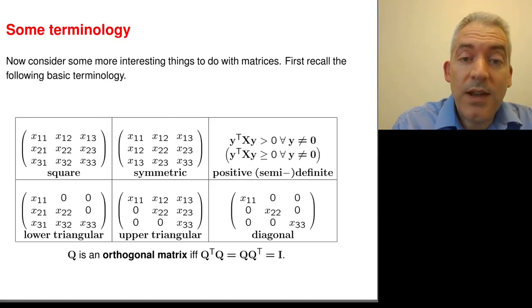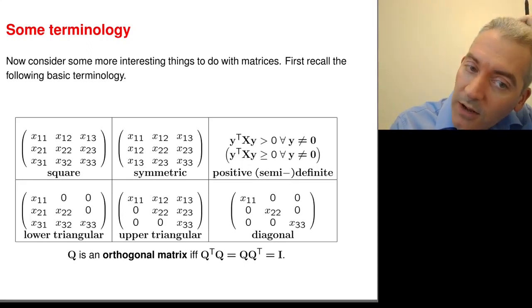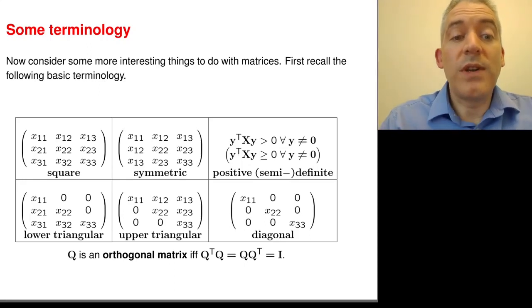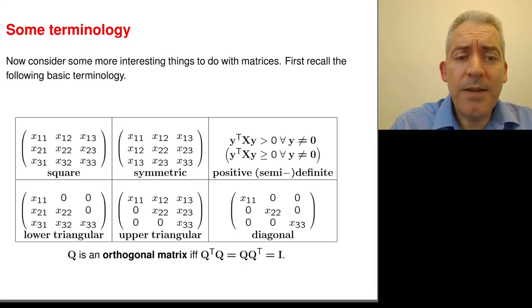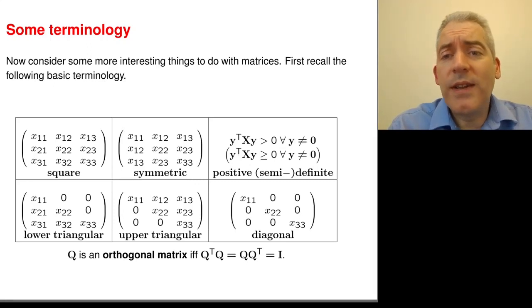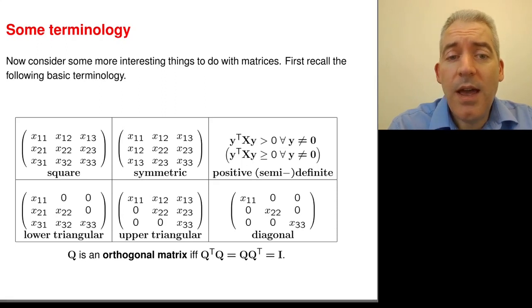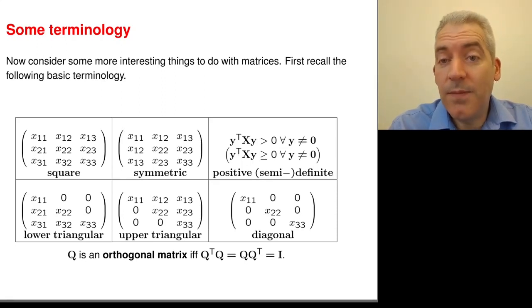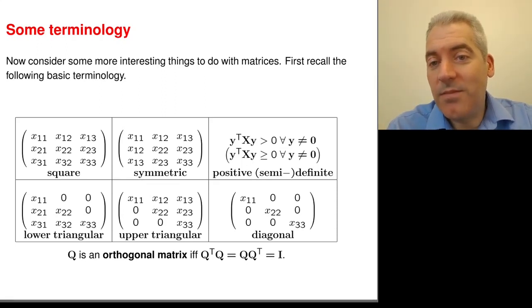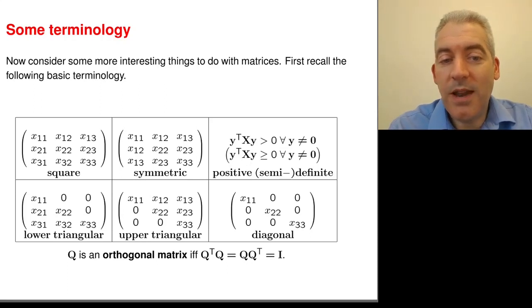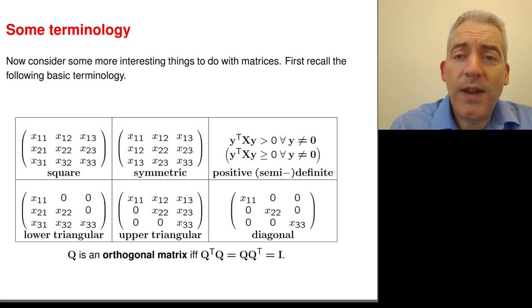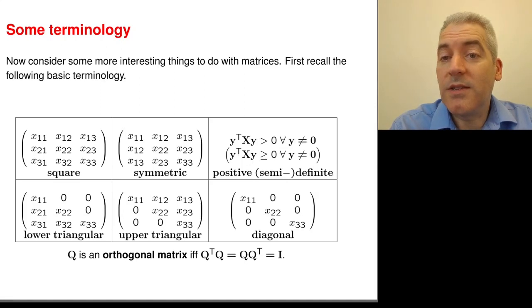Triangular matrices are super useful in the context of numerical linear algebra for various reasons, but in particular because solving linear systems involving triangular matrices is much easier, faster, more efficient, more numerically stable, etc., than solving arbitrary linear systems.